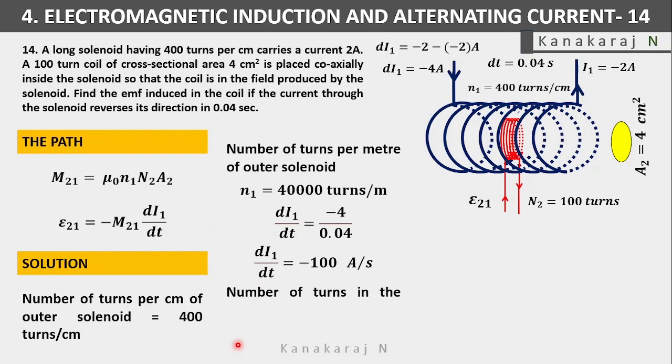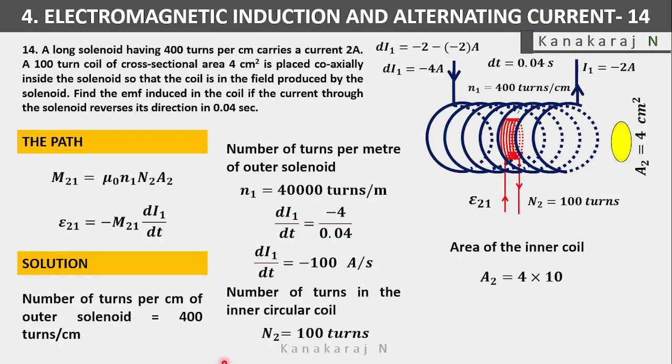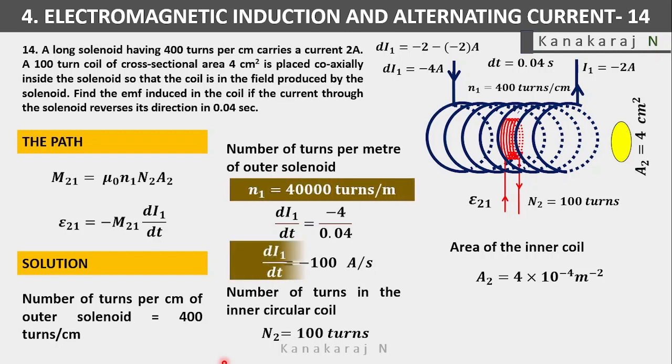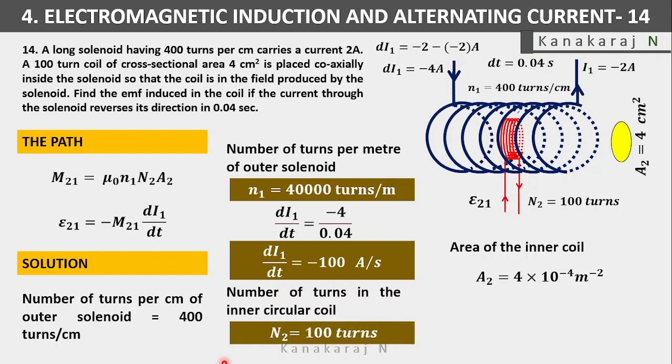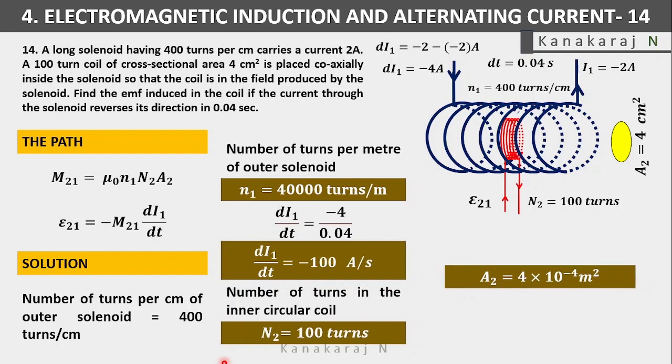The number of turns in the inner coil is N2 equals 100 turns. The area of the inner coil is 4 centimeter square, which in meter is 4 into 10 power minus 4 meter square. The data we require are N1, dI1 by dt, N2, and A2. All this we collect and keep on the right hand side.